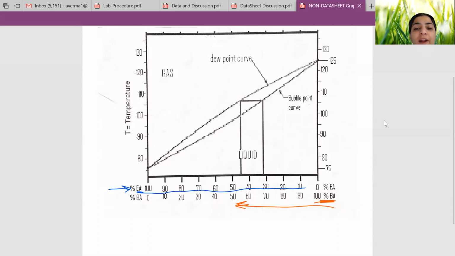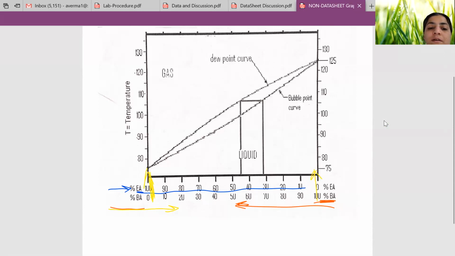Now in this particular graph, first you need to understand how we read this graph. On our y-axis, we have what is known as the percent composition. There are two parallel temperature lines.